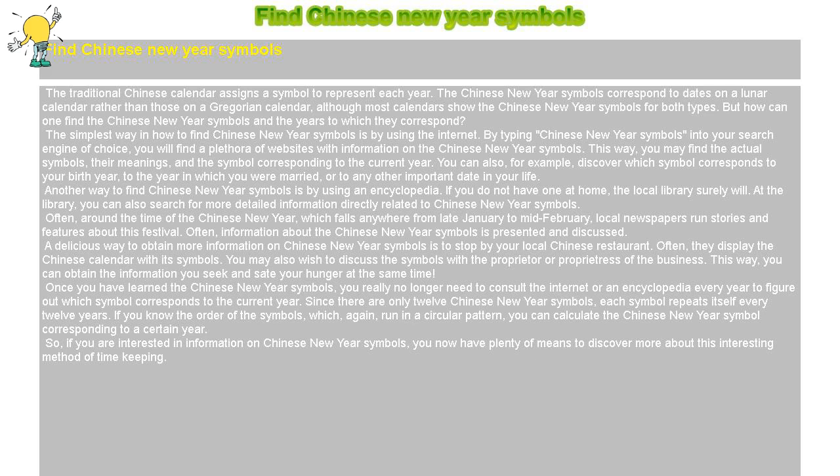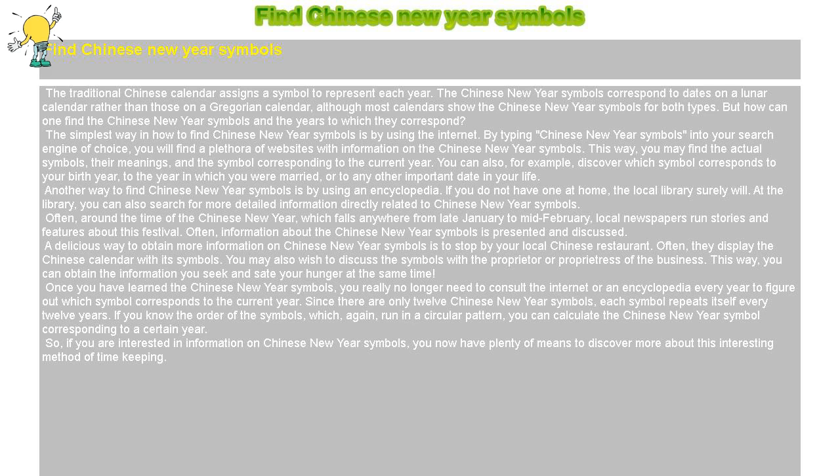By typing Chinese New Year symbols into your search engine of choice, you will find a plethora of websites with information on the Chinese New Year symbols. This way, you may find the actual symbols, their meanings, and the symbol corresponding to the current year.